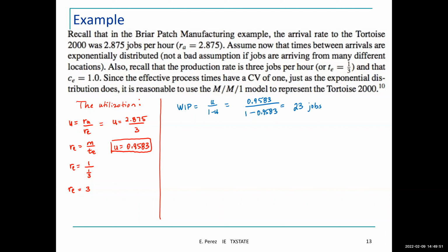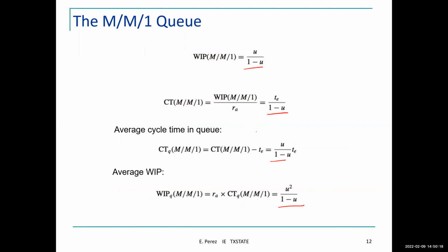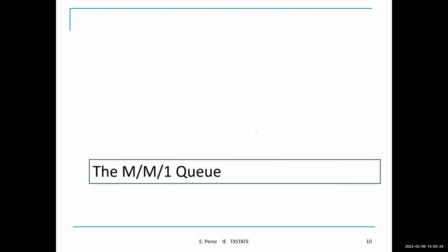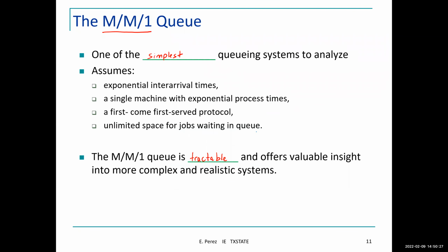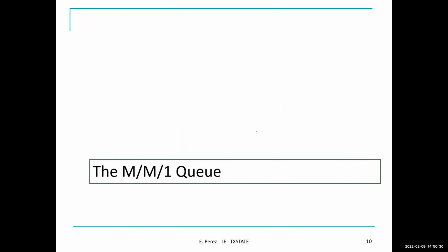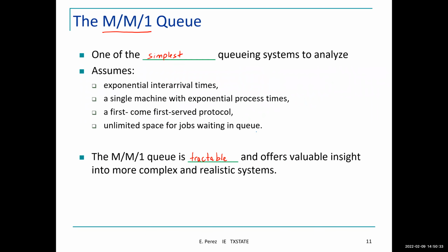Cycle time equals the work in process divided by the throughput. So the work in process is 23, and the throughput, in this case, where is it? What will be the throughput? Let's see if I can find that description here.